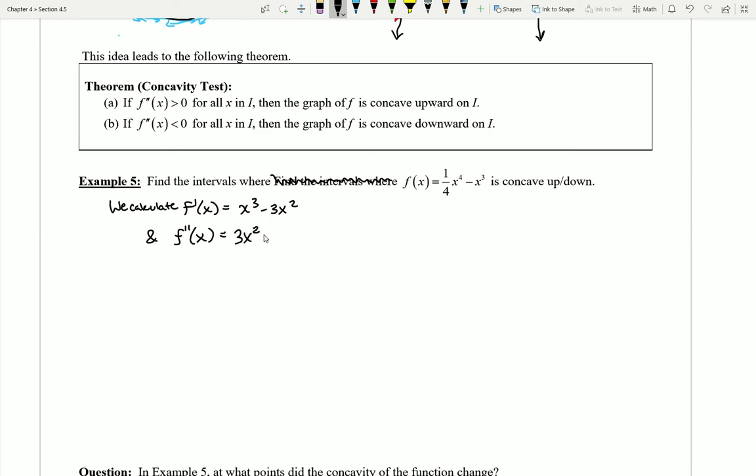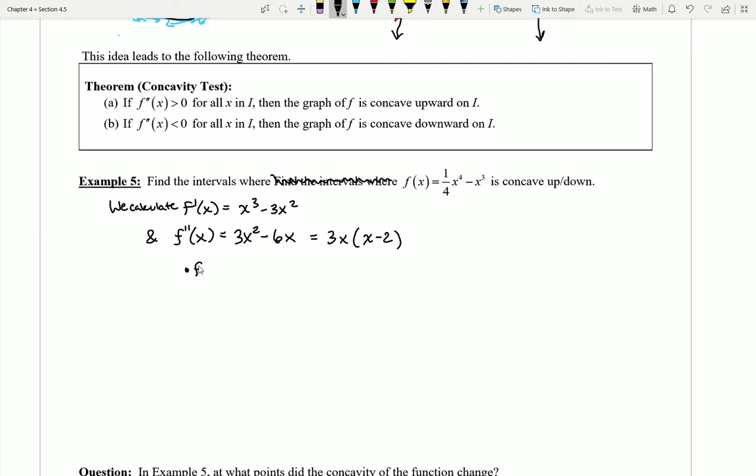This is going to get me 3x squared minus 6x. Now I'm going to go ahead and pull out a common factor here. I'm going to be left with an x minus a 2. And again, if I want to find when f prime is increasing, I should find its critical values. So take its derivative and find where its derivative is equal to 0 or where its derivative is going to be undefined.